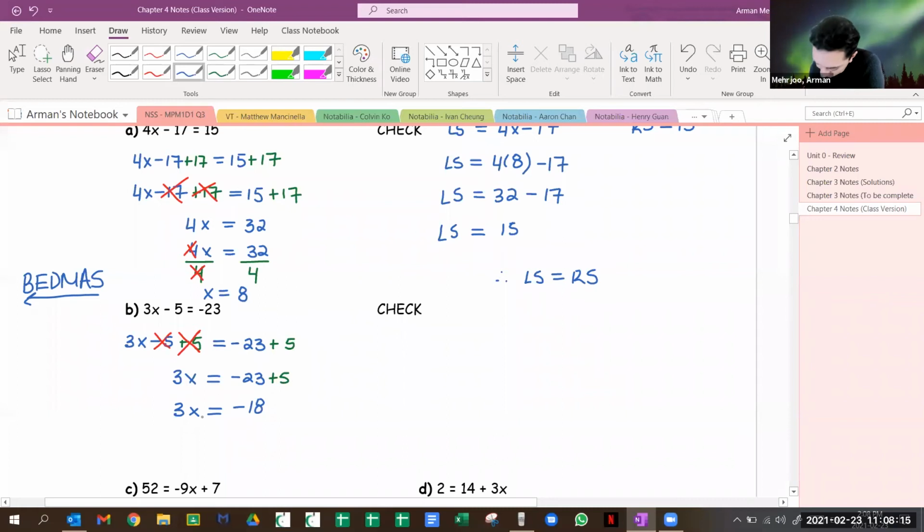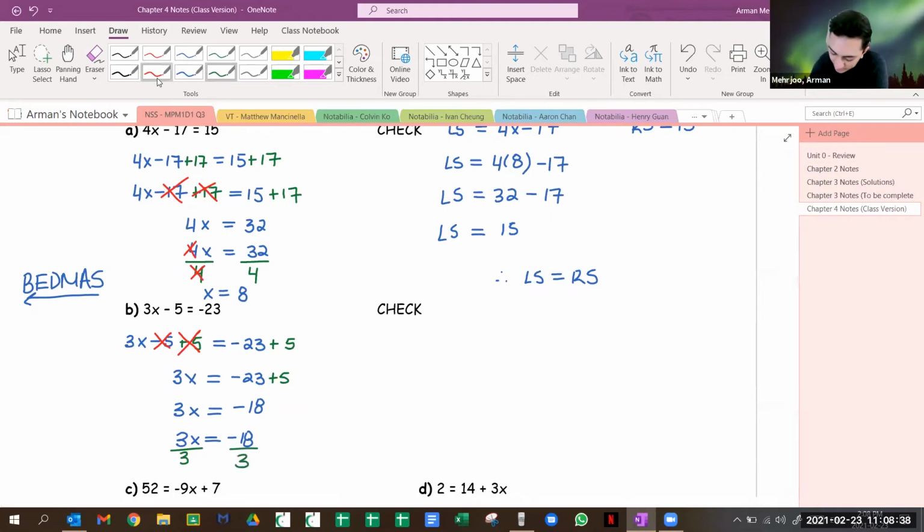And then what I can do is I can now move on through BEDMAS. I don't have any addition. I don't have any multiplication. Whoops, I lied. I actually do have multiplication. This 3 and this x are multiplying. So I have to now do the opposite and divide by 3.